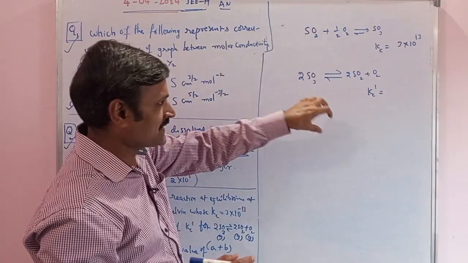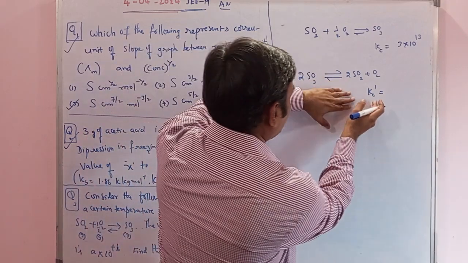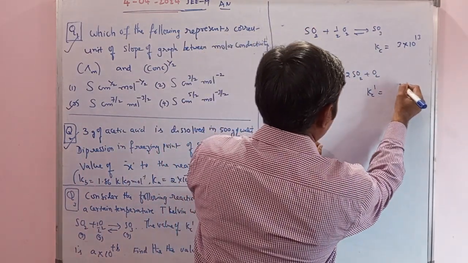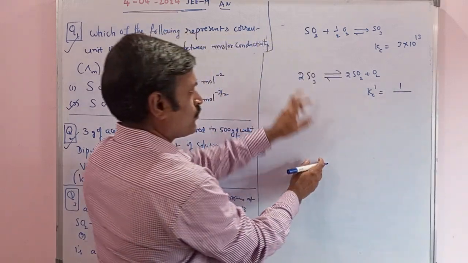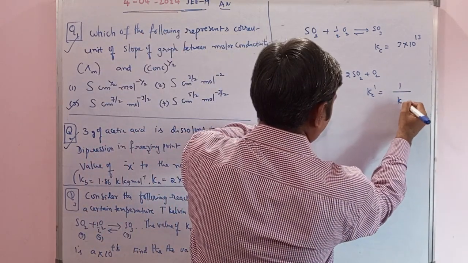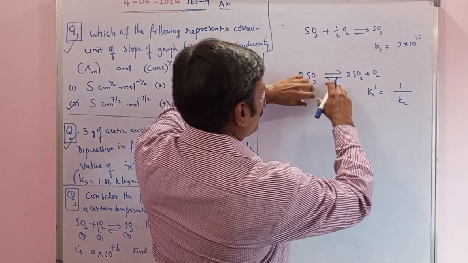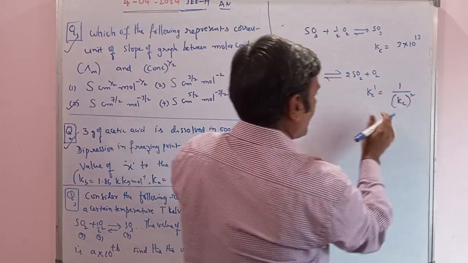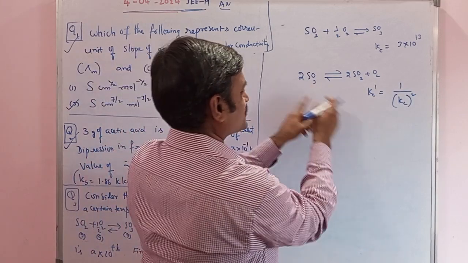So what is actually Kc dash for this equation? It is the reverse of this one, so 1 by Kc. If you multiply the equation by 2, the equilibrium constant will be the square of this one. Then that is Kc dash of the second equation.